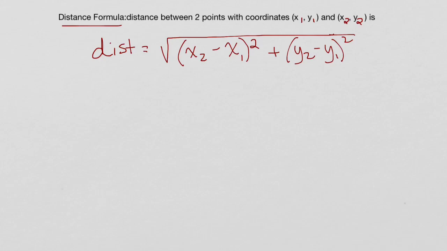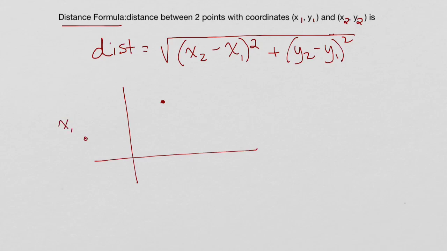I'll probably spend some time in class showing you where this comes from, but for right now, I would prefer that we just use this formula. It's a little bit easier to explain in person why this formula is what it is. It does come from that Pythagorean theorem example that we just did. So let's say we have a point here and here, can be anywhere on the coordinate plane.